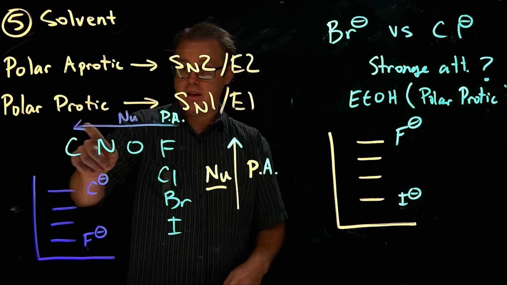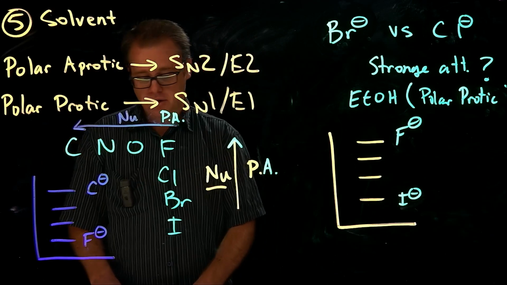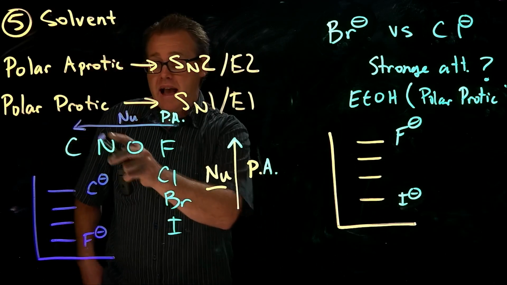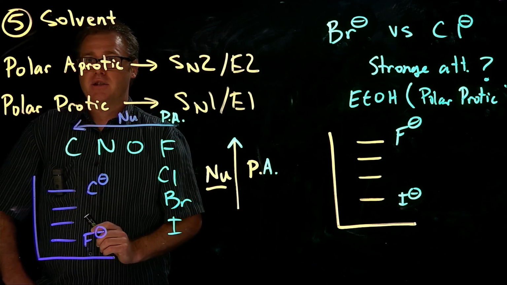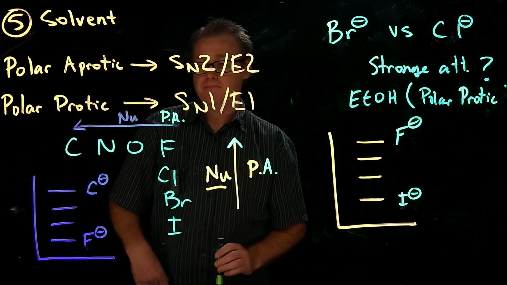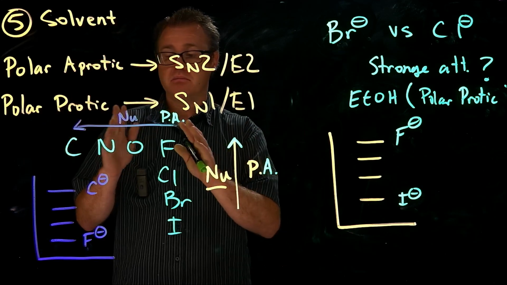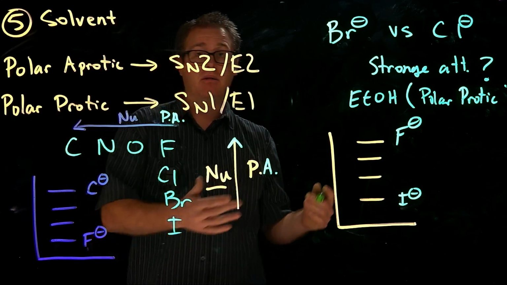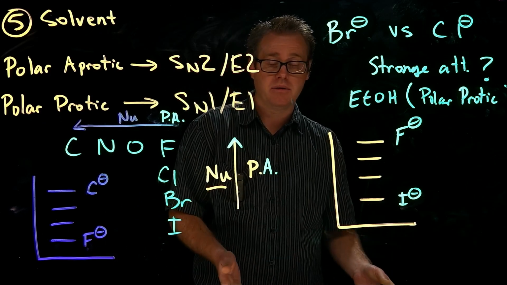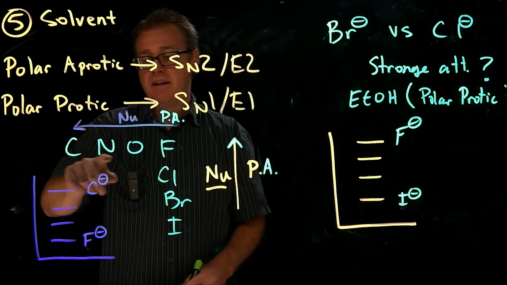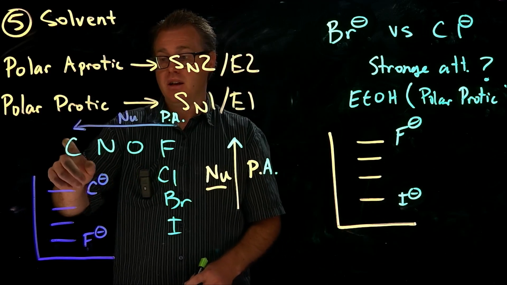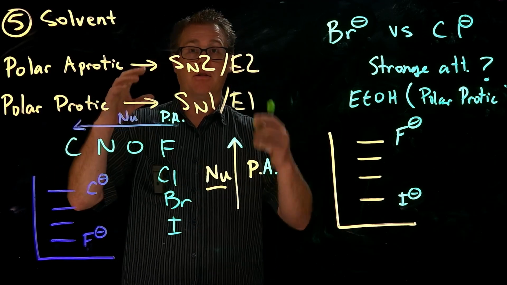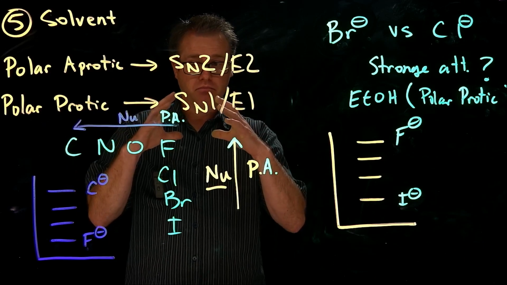Now, does this arrow change? Does the nucleophilicity change there? And that arrow does not change because, once again, solvents are not going to solvate anions very well because that's how polar aprotic solvents work. And we have the size argument here in which the carbon anion and the fluoride anion are the relative same volume.